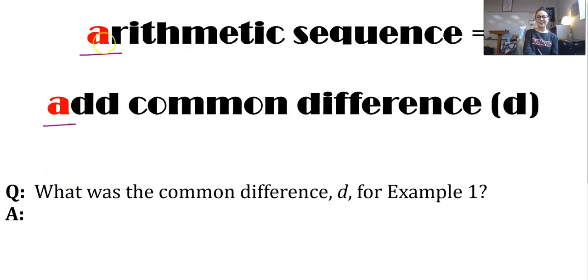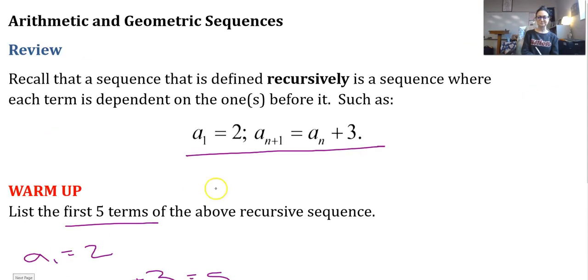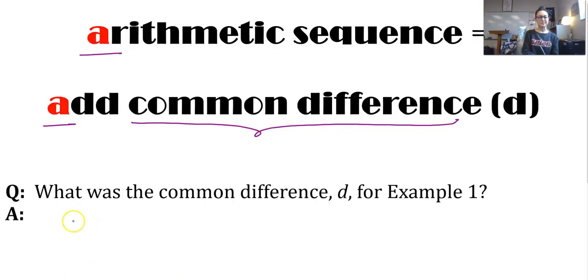So arithmetic, add a, and we call that number that we add each time our common difference, and it's denoted by d. So what was our common difference in the previous example? It was 3, right? I kept adding 3 to the previous term to get my next term. So here I would say d equals 3.